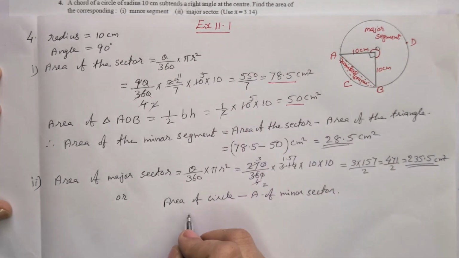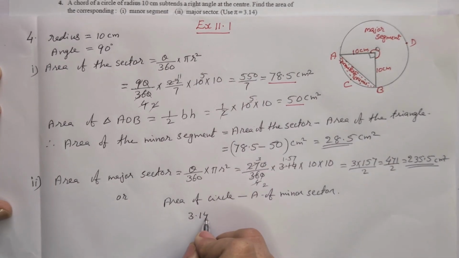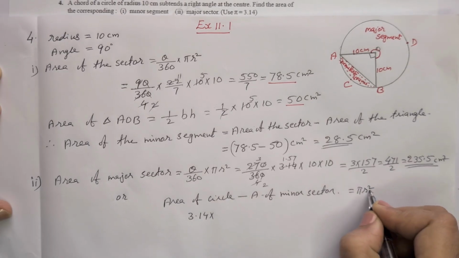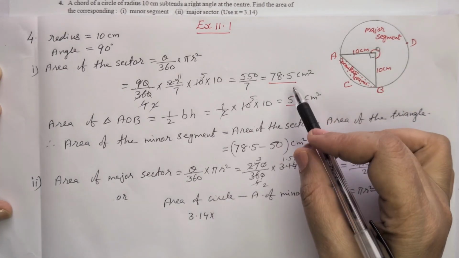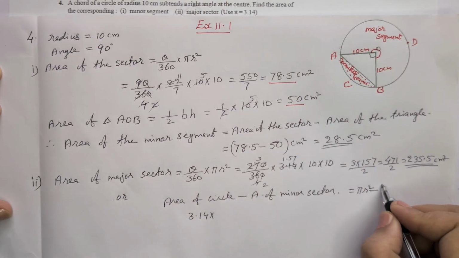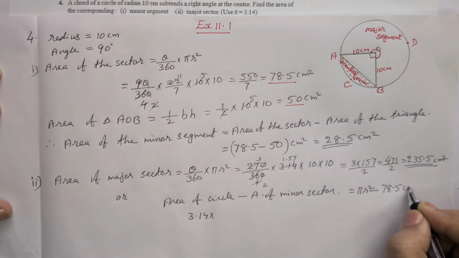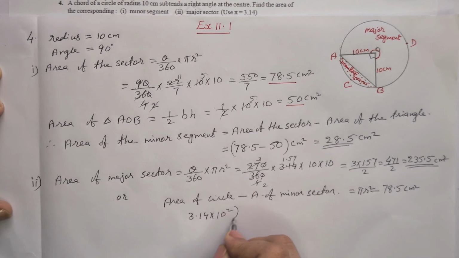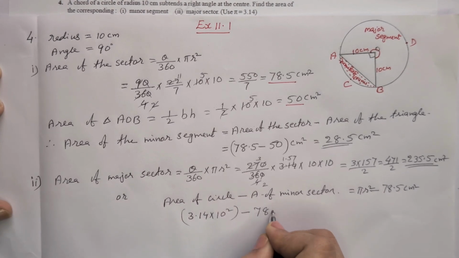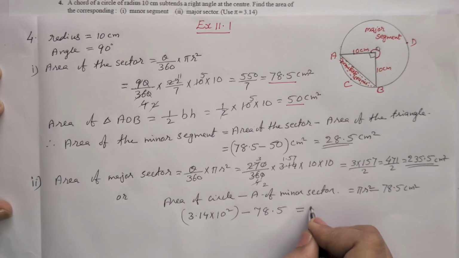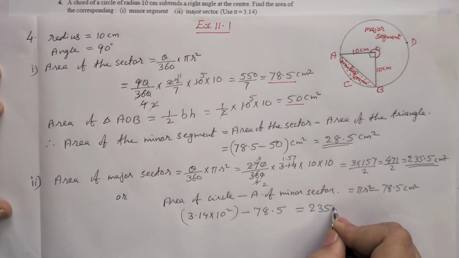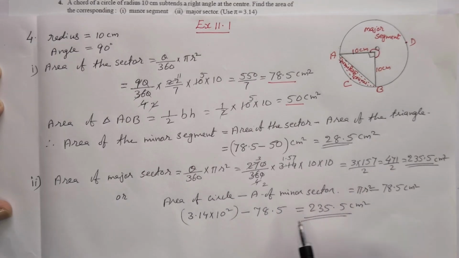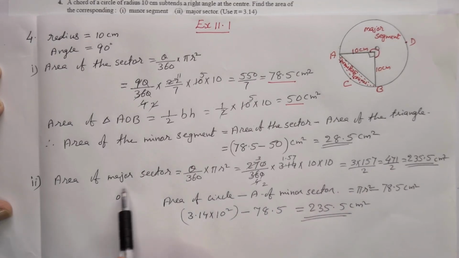Pi here we have to take 3.14. 3.14 into r square minus area of the minor sector, already we got that as 78.5 centimeter square. So r is 10, 10 square minus 78.5, same answer we will get, 235.5 centimeter square. Any one method we can follow to find the area of the major sector.